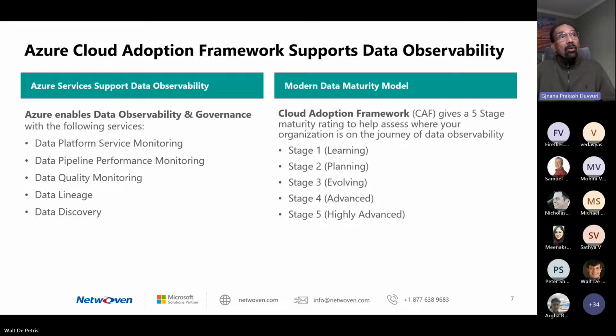Based on these 5, CAF gives you a 5-stage maturity rating. And why Microsoft excels in this, we'll talk about further. Stage 1 is learning, then planning, the 3rd is evolving, the 4th is advanced, and 5 is highly advanced. There is a detailed discussion given in the appendix. You can look into that and read what exactly it means. Next slide.